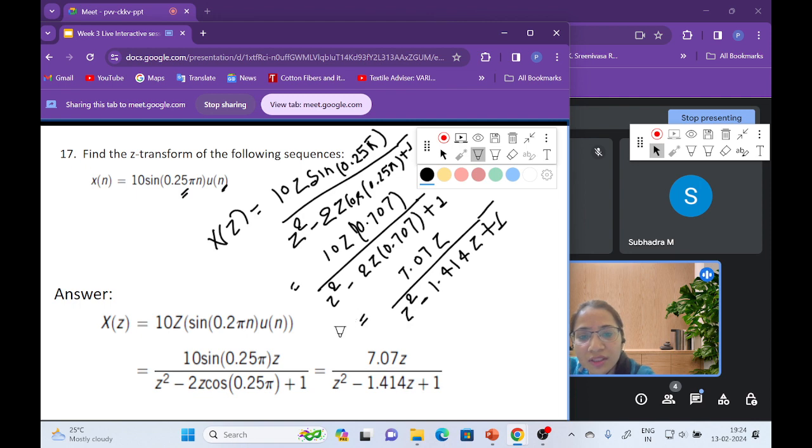So this is the answer of this question: 7.07 z divided by z square minus 1.414 z plus 1. Okay, this is the z transform of this signal.